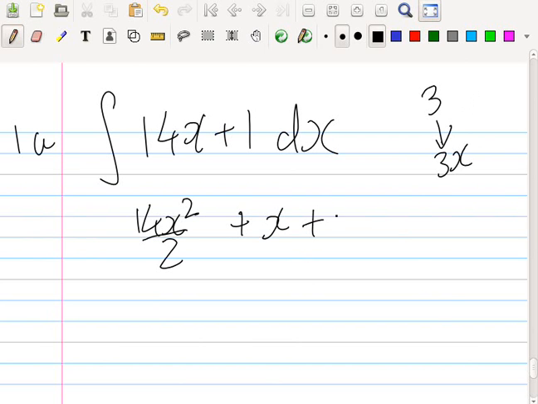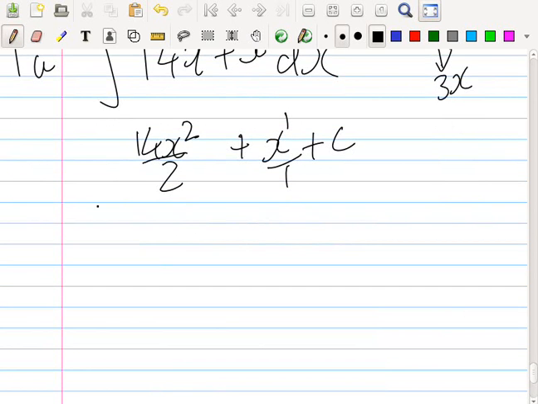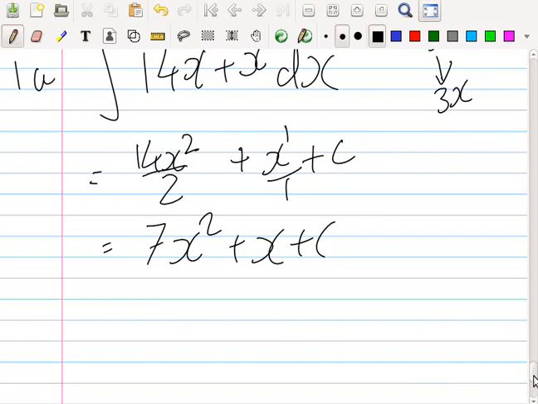Okay, plus c. Or even, again, another way to think about it is, instead of writing 1, I could write x power 0. And then I increase the power, which is 1, and then I divide by 1. Whatever way you want to think about it. Okay, so what does this equal? 7. Finished.